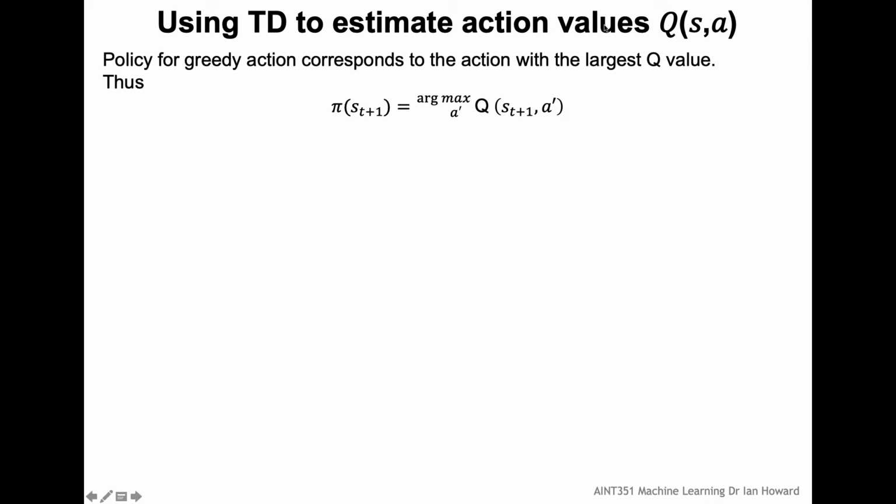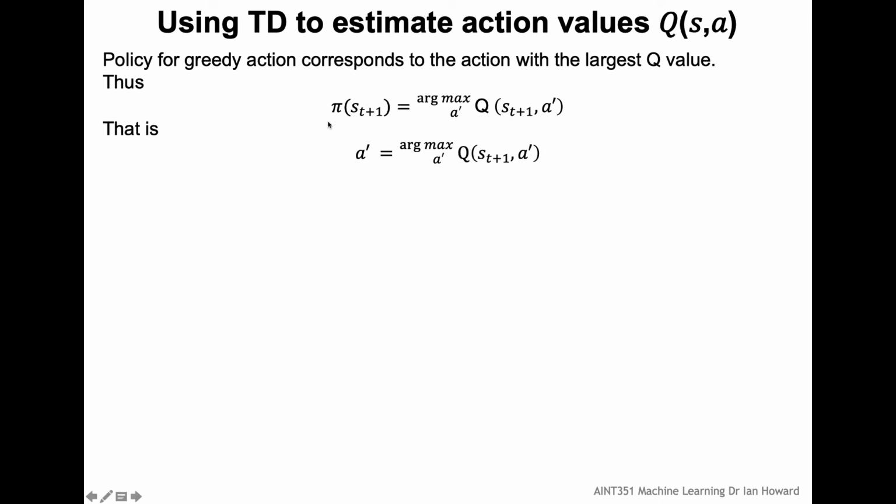If we just took the max of Q over state and action, we just get a value out. But if we take the argmax, it chooses the action that gives us the largest Q value, but it returns the action as opposed to the value. So we can use this argmax of the Q value to return the greedy action that we want, and then we can use that to update the policy.